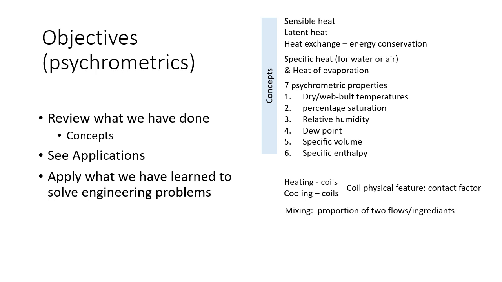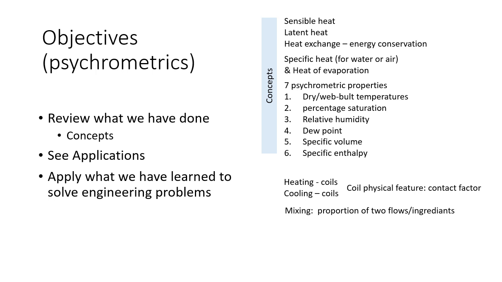And then we have another engineering solution. The cooling coil and heating coil allow heat exchange to take place. Similarly in engineering, we tend to mix 2 different flows together, and then we have a new temperature, new moisture content, new specific volume, a new specific enthalpy, and so on.